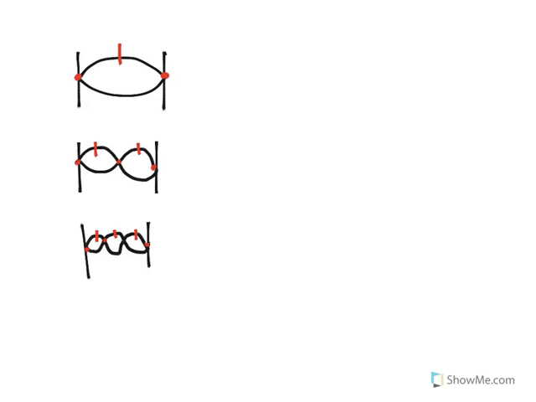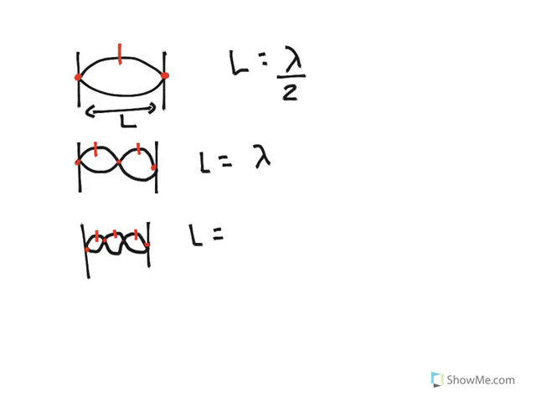Then, if this is the length of the string, in the first example the length of the string is equal to half the wavelength. In the second situation, the wavelength is the length of the string.